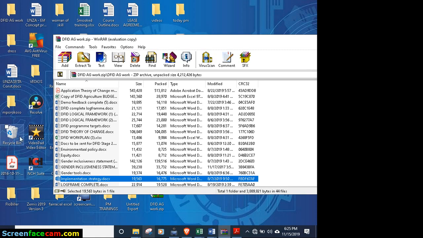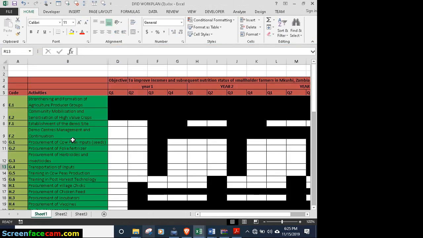Very, very key. Different logical framework, different program targets, different theory of change, different work plan. Here we go. So this was the work plan for DFID that we had to do. So remember, I was told this from my last lecture. This is vertical, right? This is horizontal. So your activities are always going vertically down, and horizontally are the time frames in which you are going to achieve that specific thing.